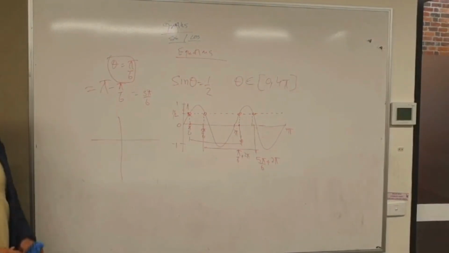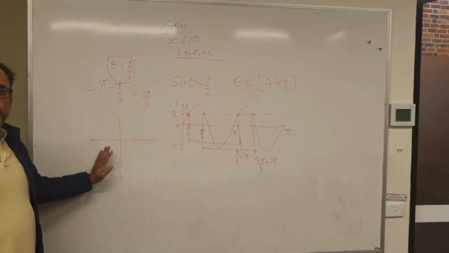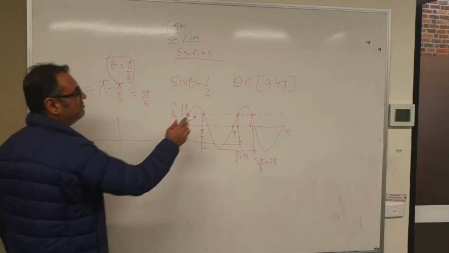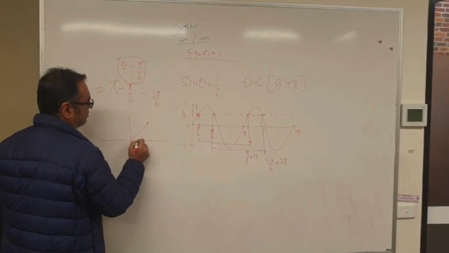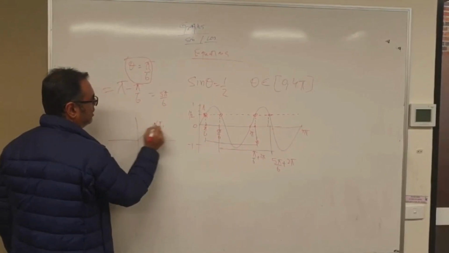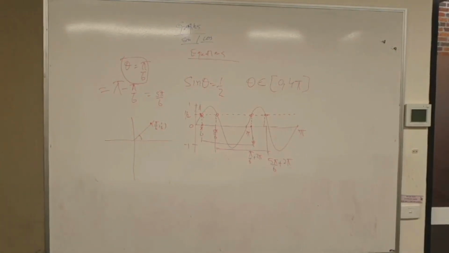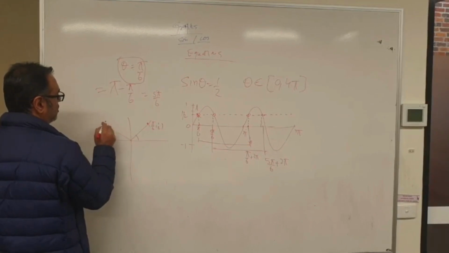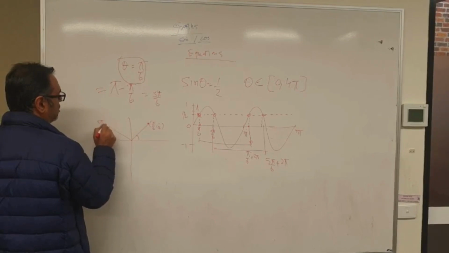Now, another way of thinking is you can always think of your circular functions in either graphs or the Cartesian plane. The first value is pi over 6, comma half. And the second quadrant is this, which is also what? 5 pi over 6, comma half.